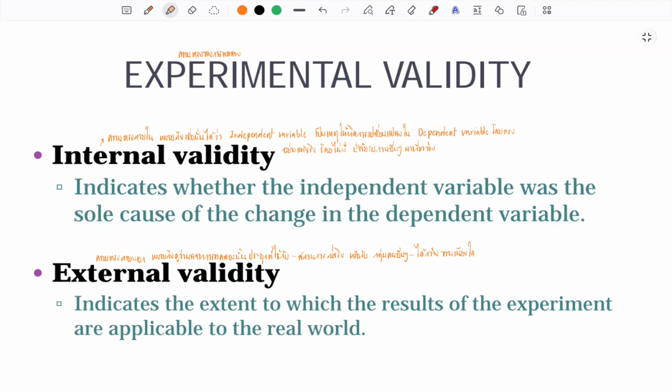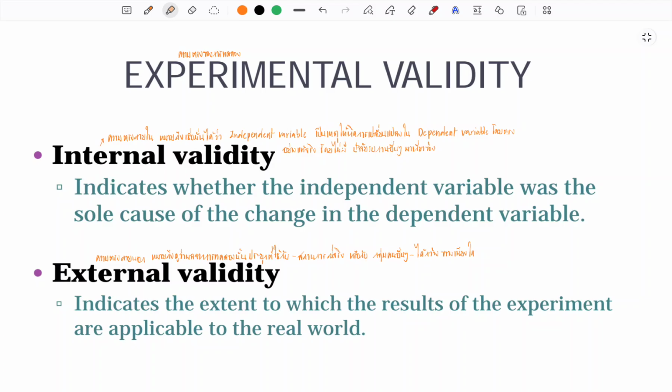Internal validity means that the independent variable, the cause or the condition that you give to the patient, is the sole cause, the only cause, that can change the dependent variables.